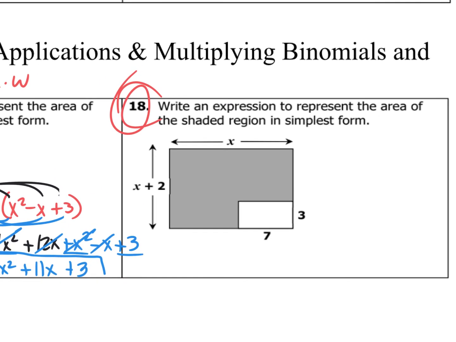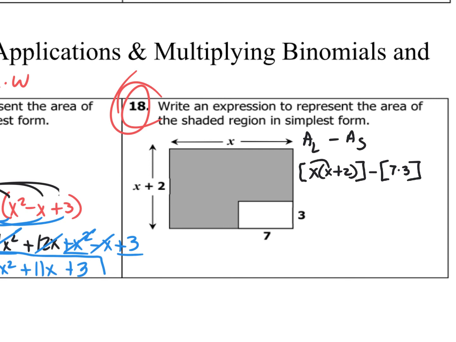And number 18, this is where you need to find the area of the shaded region. And the way to do that is to find the area of the larger rectangle and subtract it from the area of the smaller rectangle. So the area of the larger rectangle would be x times x plus 2. And the area of the smaller rectangle would be 7 times 3.